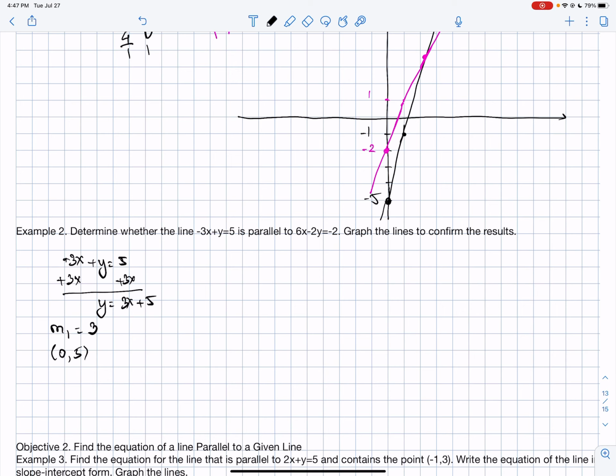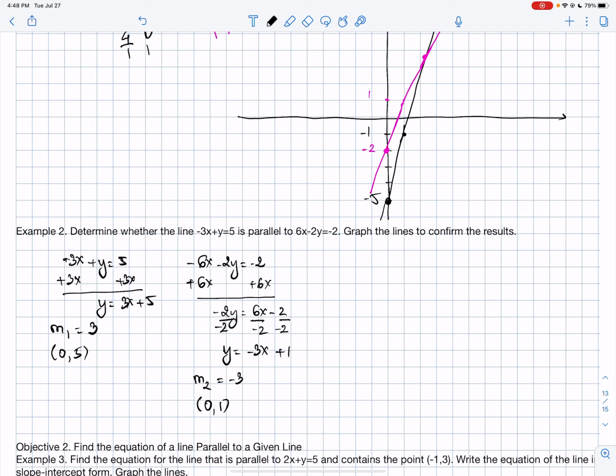For the second line, we will add 6x to both sides first, and then we divide both sides by -2. So we will get -3x plus 1. The slope for the second line is -3 and the y-intercept is (0,1).